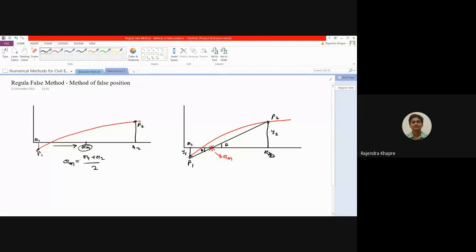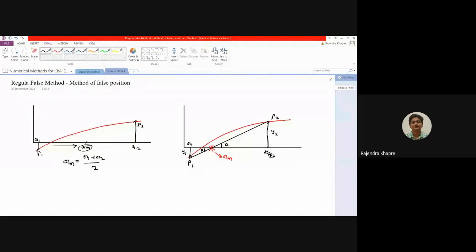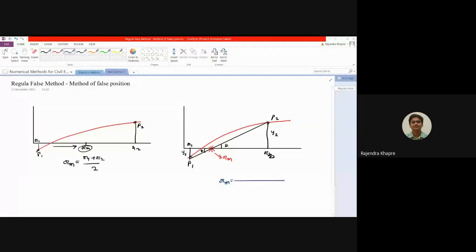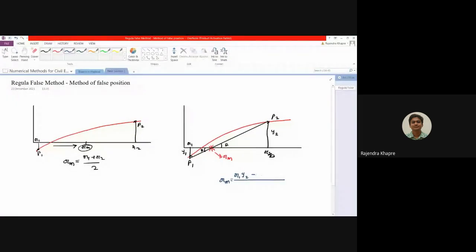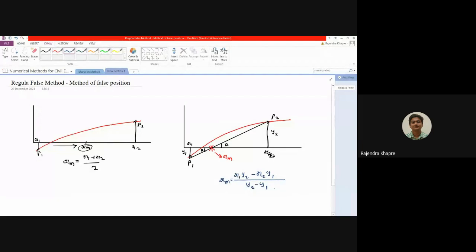Tan of theta can be calculated as the opposite side divided by the adjacent side, and here also tan of theta is the opposite side, which is y1, divided by the adjacent side. With this we can develop a simple mathematical expression to calculate the value of xm. So xm equals (x1 y2 minus x2 y1) divided by (y2 minus y1). This equation is developed using the similarity of triangles.